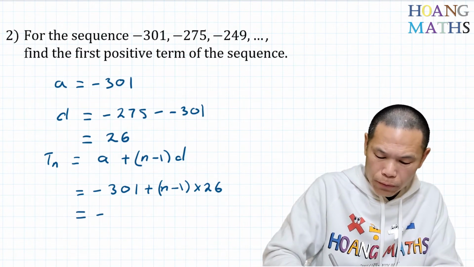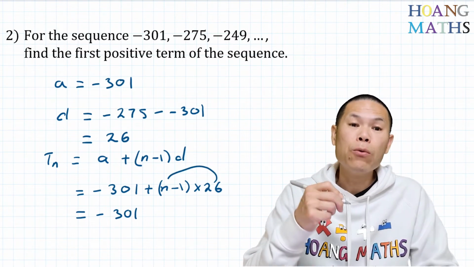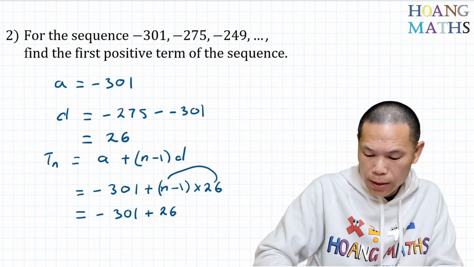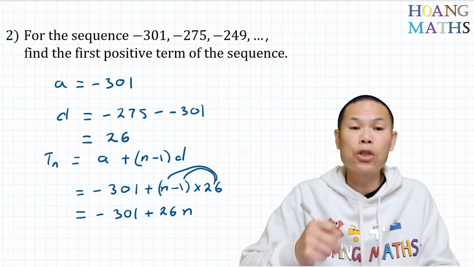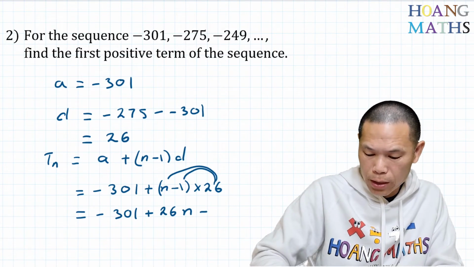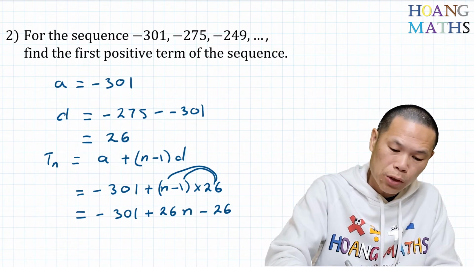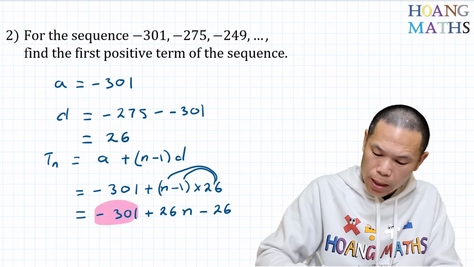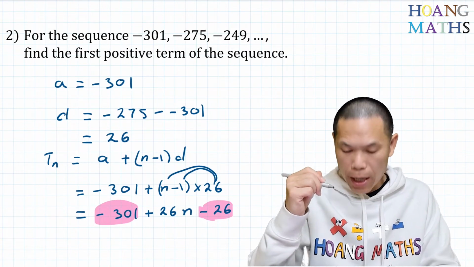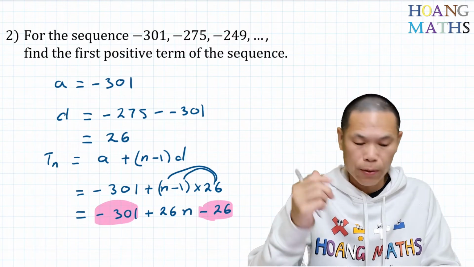So negative 301, and then 26 times n gives me 26n, and negative 1 times 26 gives me minus 26. So what I do now is just collect the like terms. So we add these two together. So 301 plus 26 should give me 327.